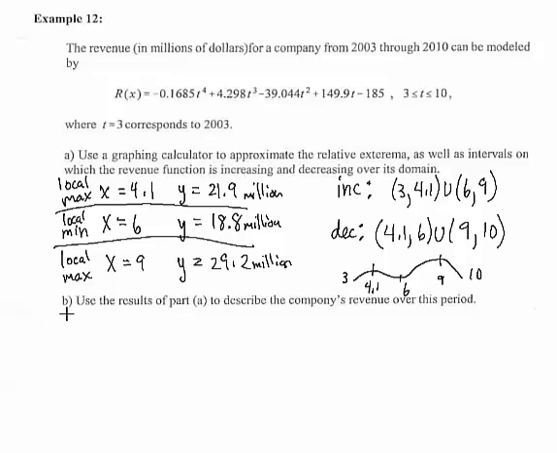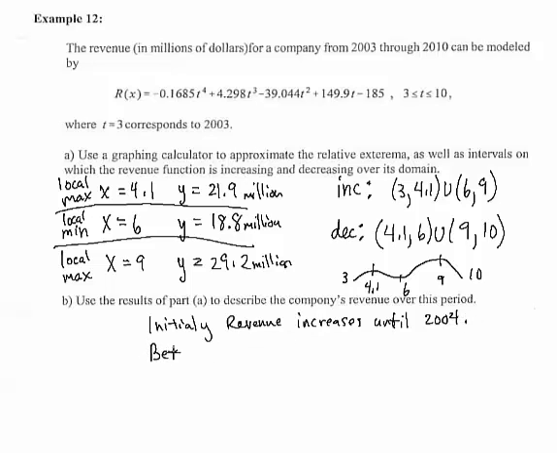So part B of example 12 reads, use the results of part A to describe the company's revenue over this period. Well, initially revenue increases until 2004.